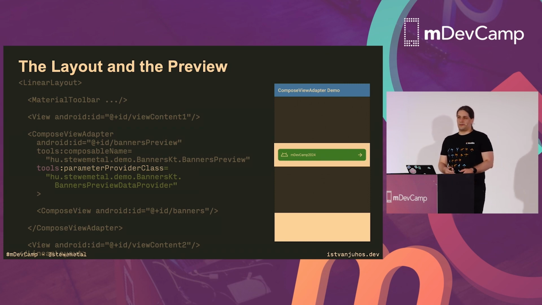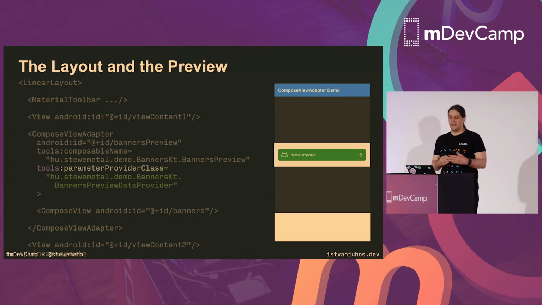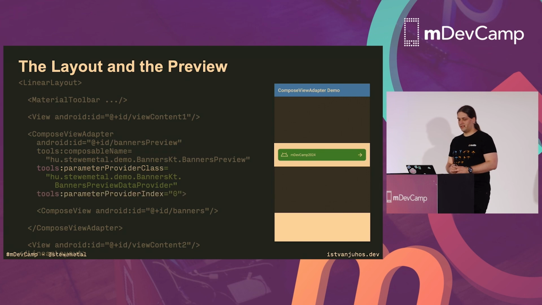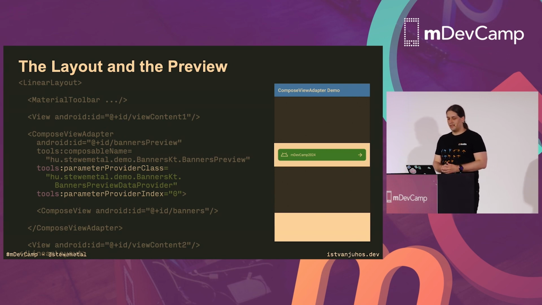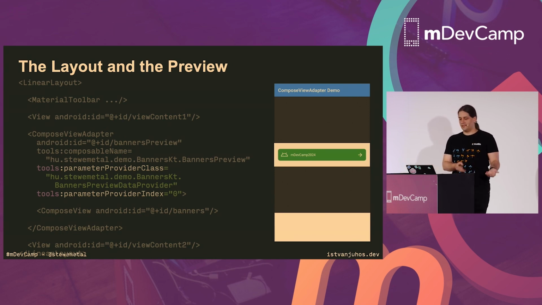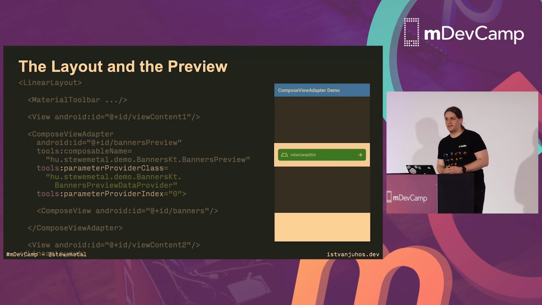And with that, we can control what is actually shown from the preview data provider dataset in the preview. For that, to control it, we also have this parameterProviderIndex attribute. By default, it's 0. So the 0th or the first element is rendered from the preview parameter provider.